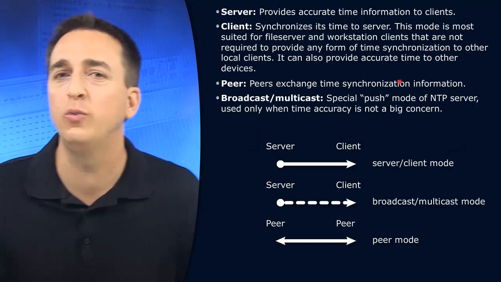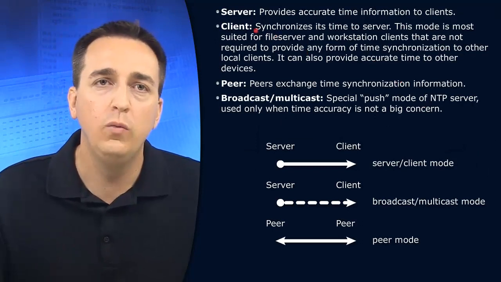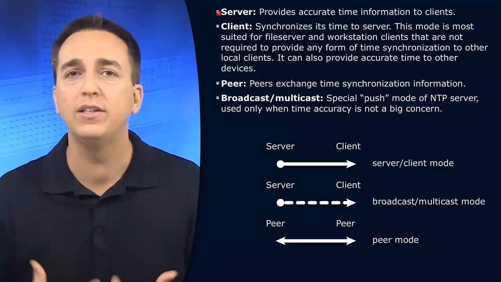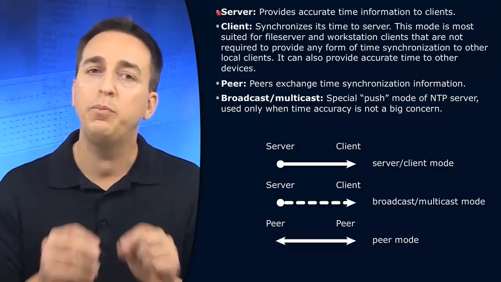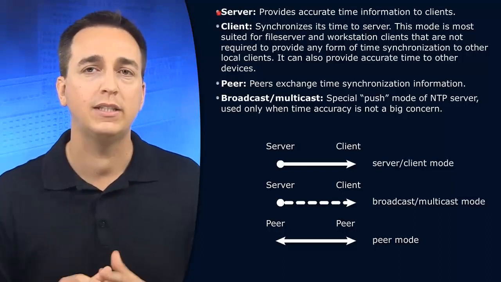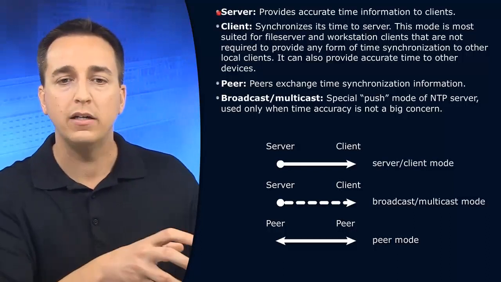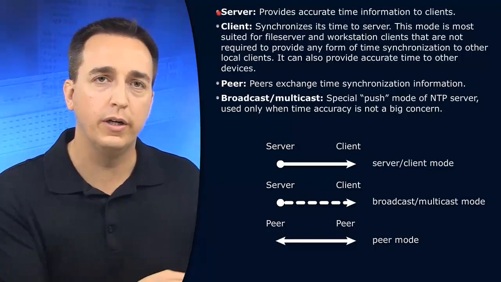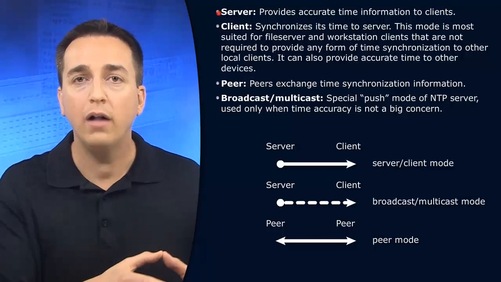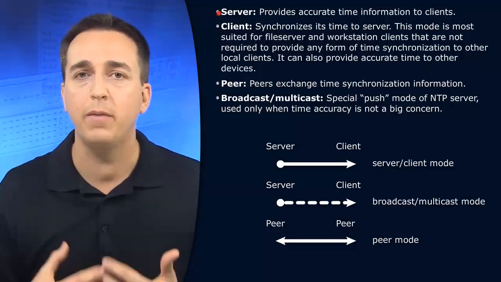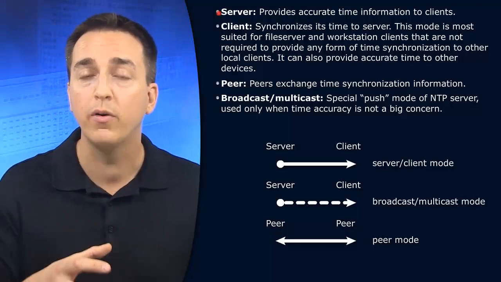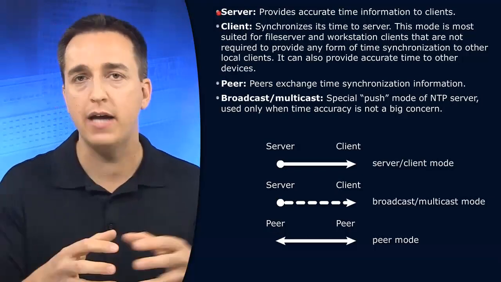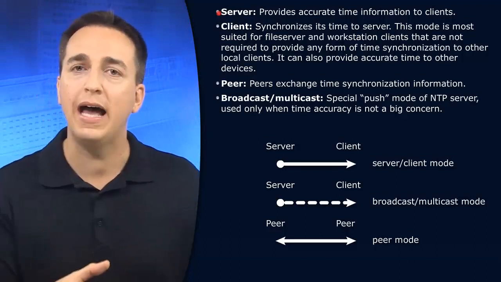So there's different modes we can use for NTP. We can be a server. And what does a server do? A server provides time to clients. Now it's important to realize that when we say server, we're not necessarily referring to that atomic clock that's at the U.S. Naval Observatory. What are we referring to? Well, if my edge router in my organization is receiving time from that authentic NTP device on the internet, well, it's a client of that device.